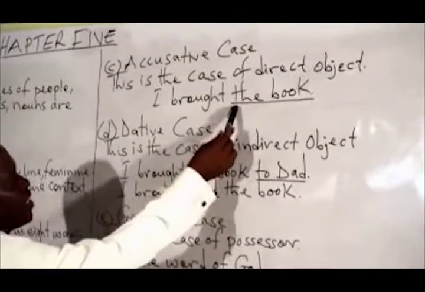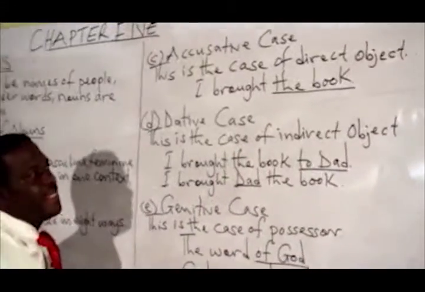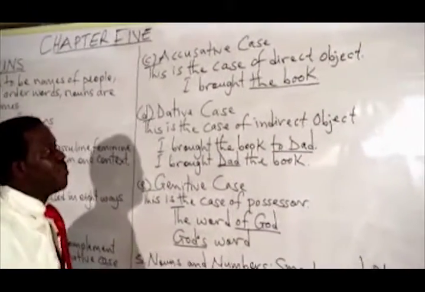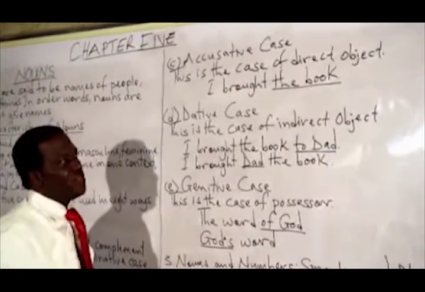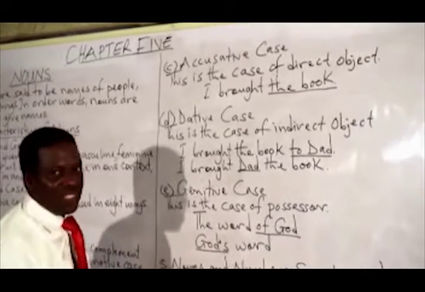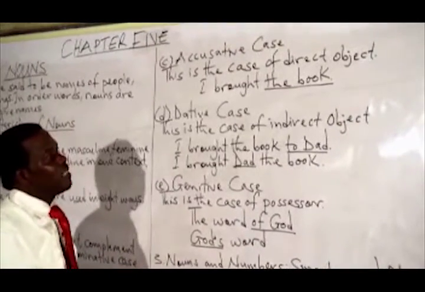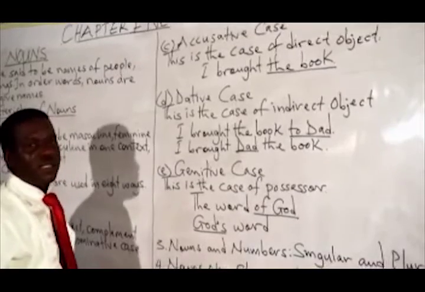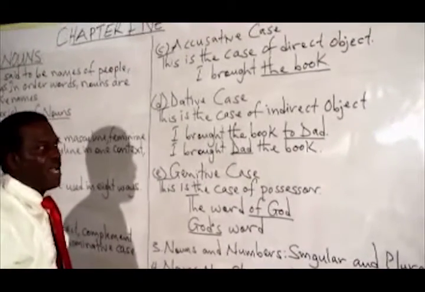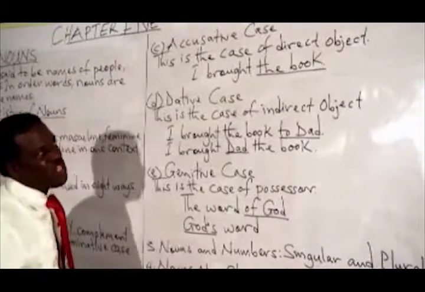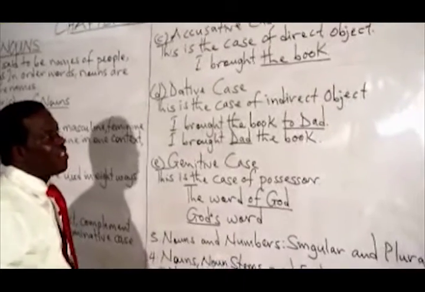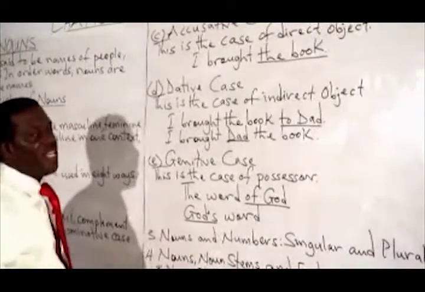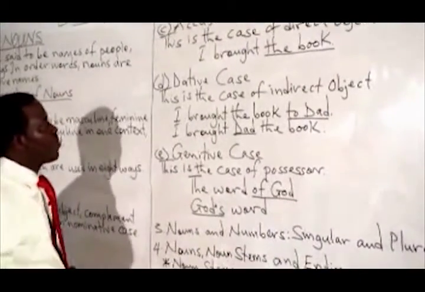In this example, the book is the direct object because the book receives the action performed directly. Any noun that receives the action performed directly by the subject is called a direct object. The book here receives the action of bringing, and as a result, it is in the accusative case in Greek.